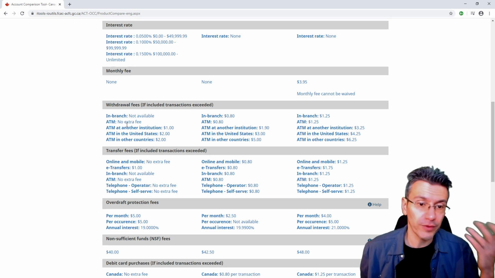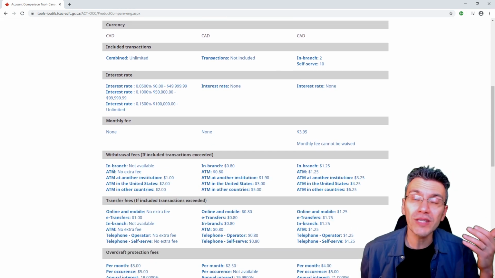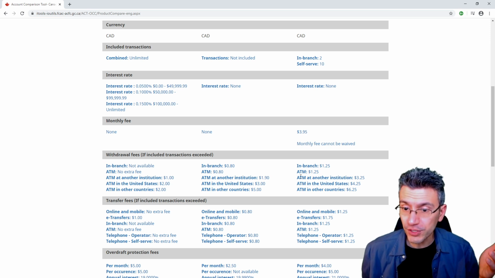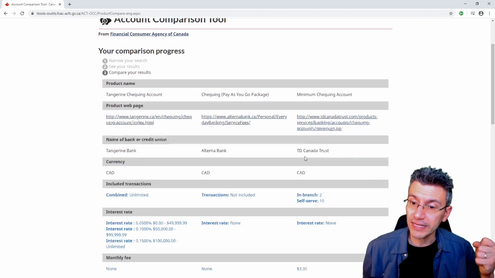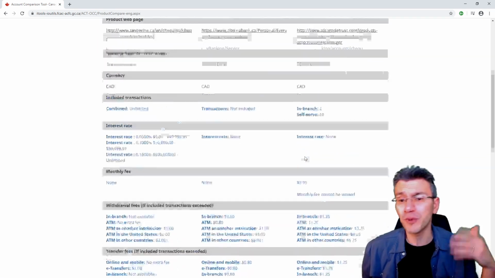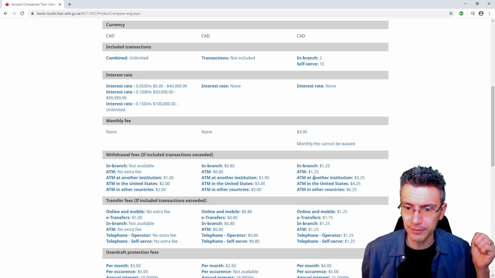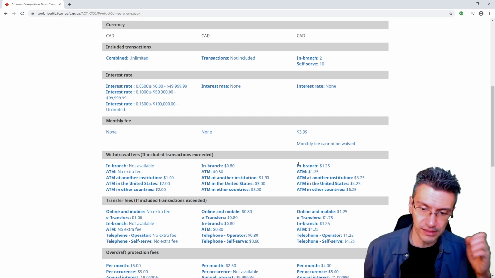So for instance, with Tangerine, they're owned by Scotiabank, so as long as you use a Scotiabank ATM, there's no fee whatsoever, right? Whereas it costs you $1.25 according to this for this particular TD account. Obviously, there are other accounts where you pay a slightly higher monthly fee, and then you have unlimited or at least 5, 10, X number of ATM transactions included therein. So as a result, the per transaction fee is lower.